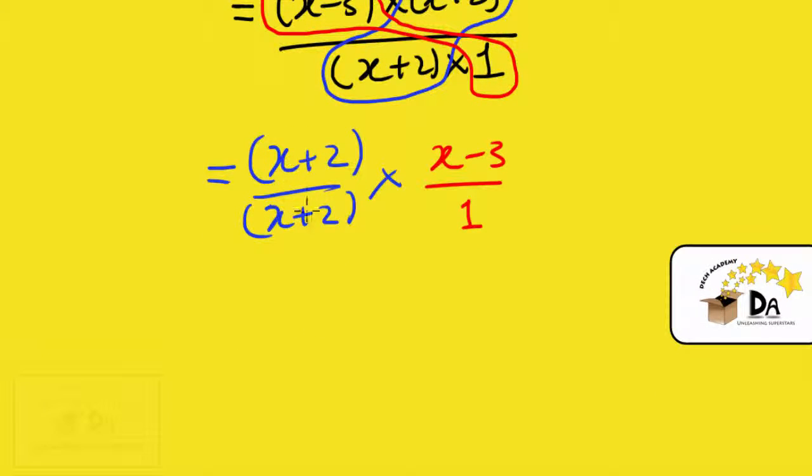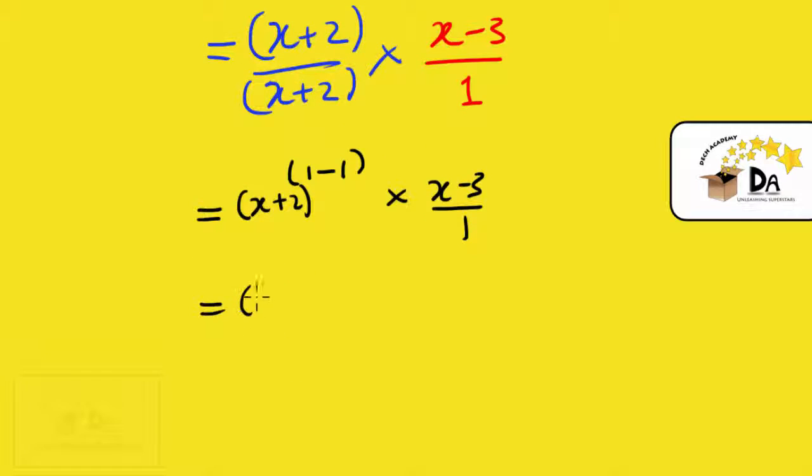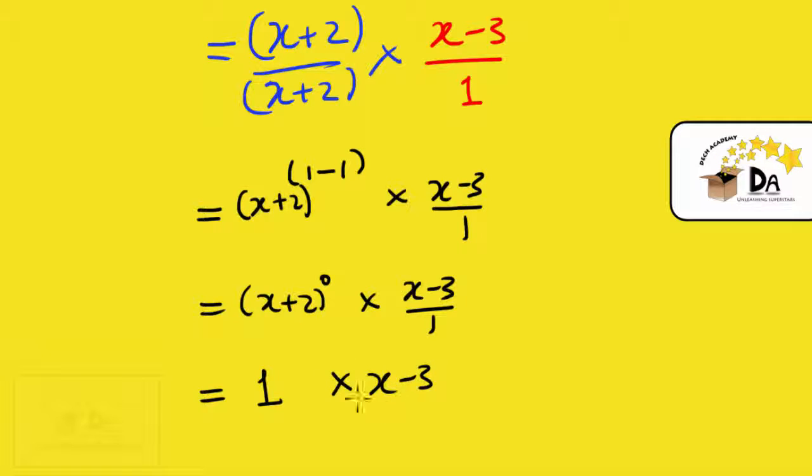Now, x plus 2 divided by x plus 2 is equal to x plus 2 to the power of 1 minus 1. And this is times x minus 3 over 1. And this gives x plus 2 to the power of 0 times x minus 3 over 1. x plus 2 to the power of 0 is 1, times x minus 3 over 1, which is x minus 3. So this gives x minus 3.